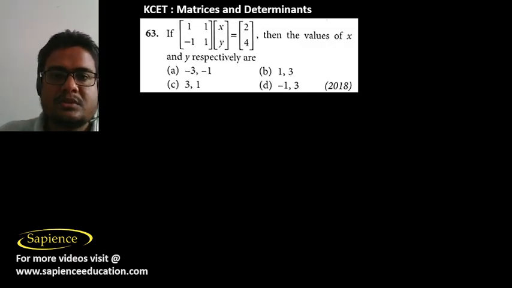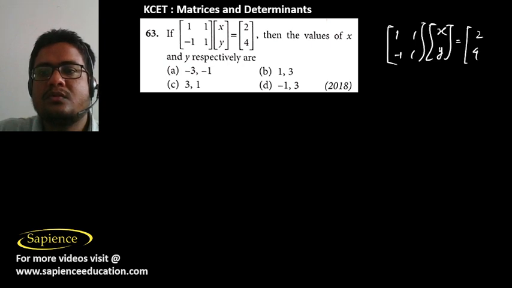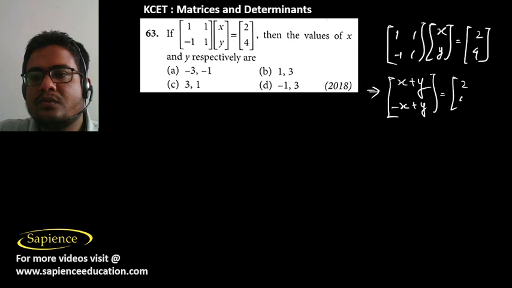Then in question number 63, it is told if the matrix 1 1, minus 1 1 into x y is equal to the matrix 2 4, then the values of x and y are respectively. Here we have to multiply the first row with the first column, so it will be x plus y, and then the second row with the first column, minus x plus y, that is equal to 2 and 4.